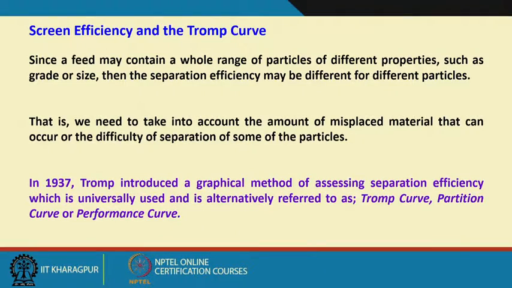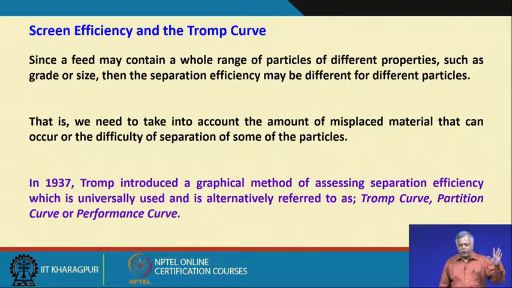So, in that case we need to take into account the amount of misplaced material that can occur, or the difficulty of separation of some of the particles. So, in 1937 Tromp introduced a graphical method of assessing separation efficiency, which is universally used, and this Tromp efficiency calculation is not only used for assessing screen efficiency, but for other separating devices which we use in mineral processing.